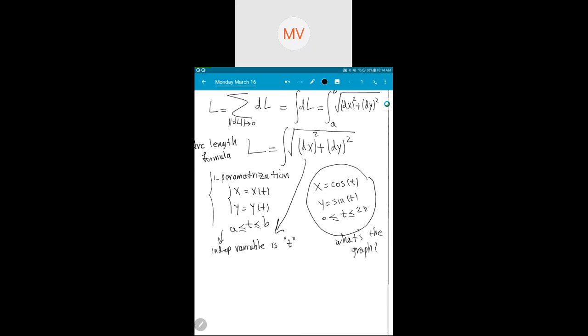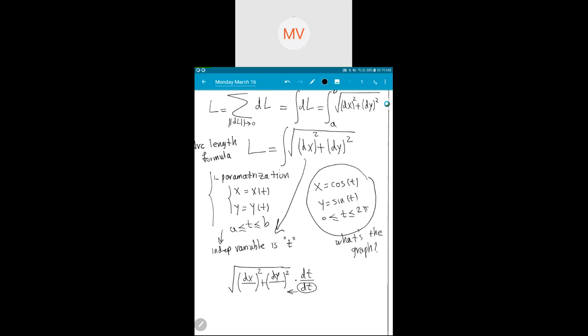because eventually you want to integrate with respect to the independent variable. And it's very simple. All you have to do is multiply and divide by dt. You see the dx and dy, dx squared and dy squared. If I multiply by dt and divide by dt, I can send the dt in the denominator under the square root.